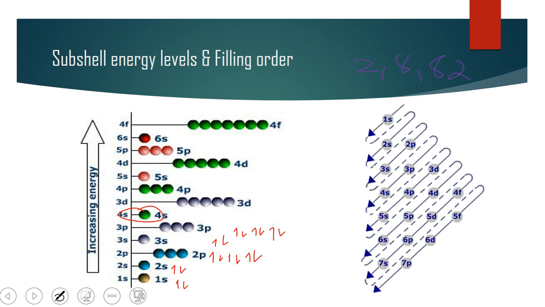But what happens is, if you remember when we talked about emission spectra, we said that at higher energy levels, the energies start to converge, they get closer and closer together. Well, what happens when we get up to the third and fourth shell, into the 3d subshell and the 4s subshell, is that this highest level of the third shell is a little bit higher in energy than the lowest energy level of the fourth.